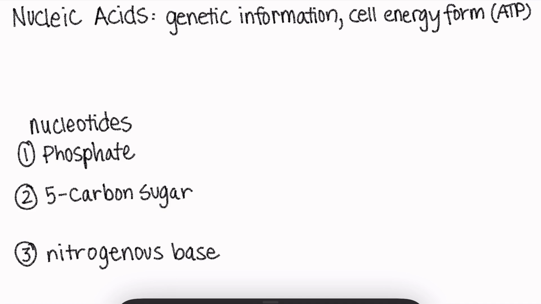The 5 carbon sugar can either be one that's called deoxyribose, or it can be one that's called ribose. They're very similar looking.